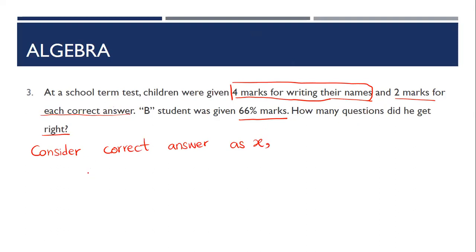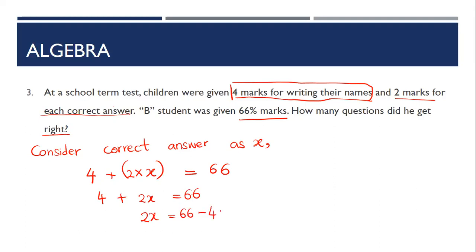So every student gets 4 marks for writing their names and 2 marks for each correct answer. So 2 into X. So that is the marks she is getting. So the mark is 66. So we can write 4 plus 2x is 66. So 2x is 66 minus 4 and it is 62. So 2x is equal to 62.